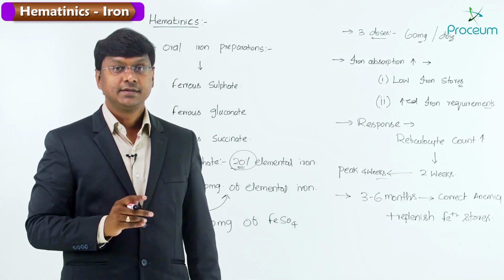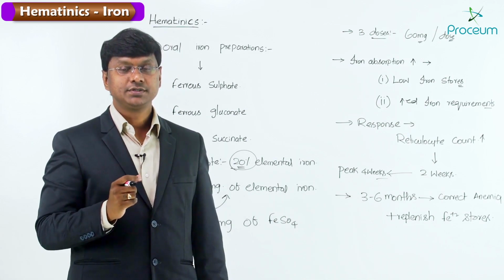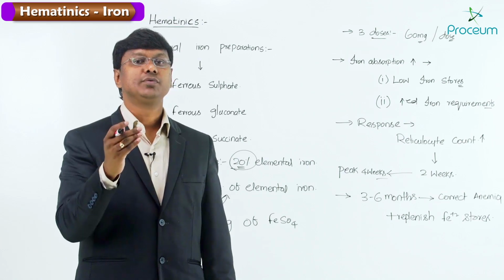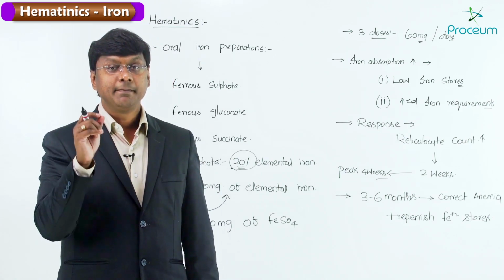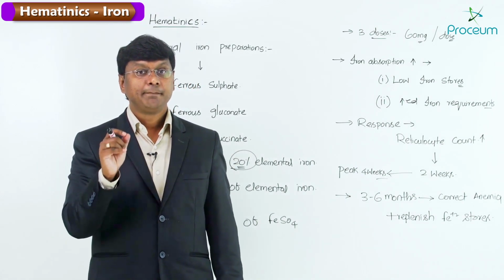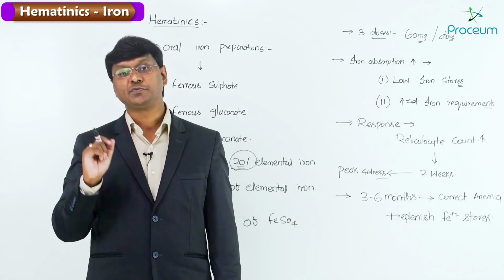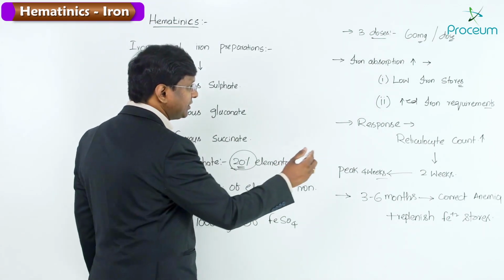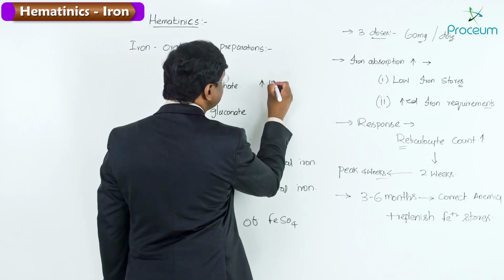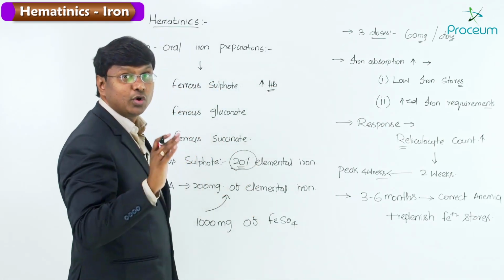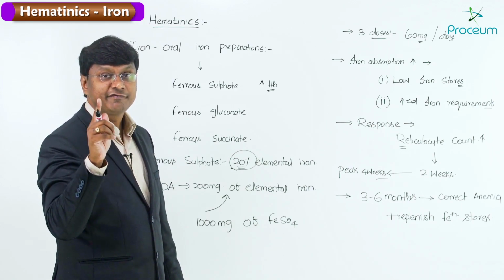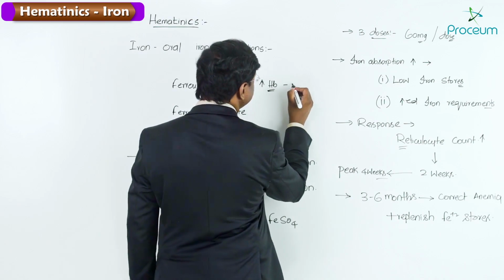And apart from the reticulocyte count, you take the hemoglobin level. The rise of hemoglobin level of blood by 0.5 to 1 gram per deciliter per week is considered an adequate response to iron therapy. Not only the reticulocyte count will assess the response, even the rise in the hemoglobin.